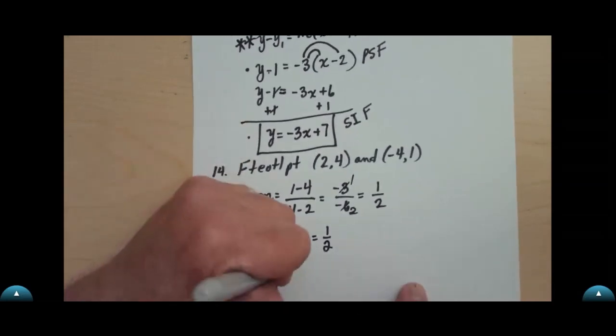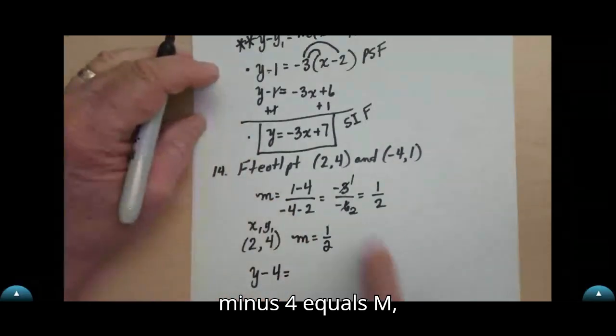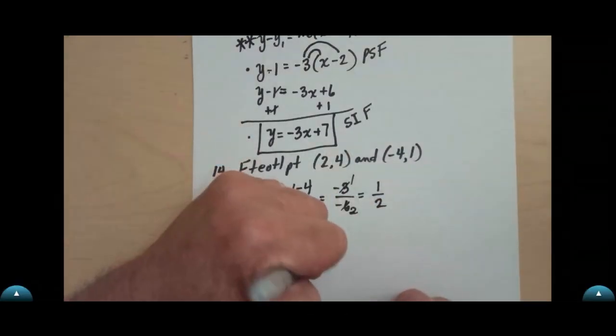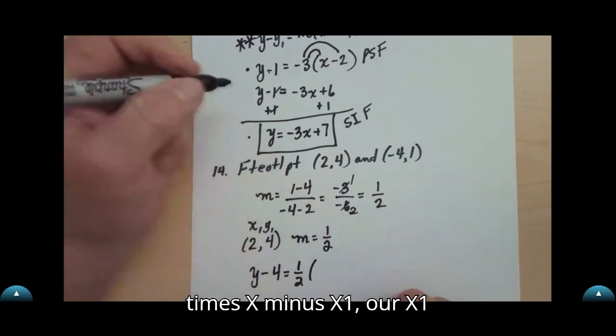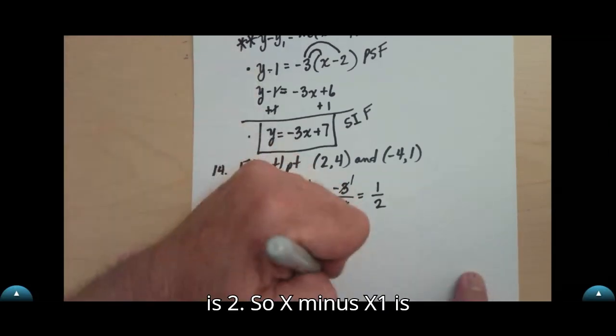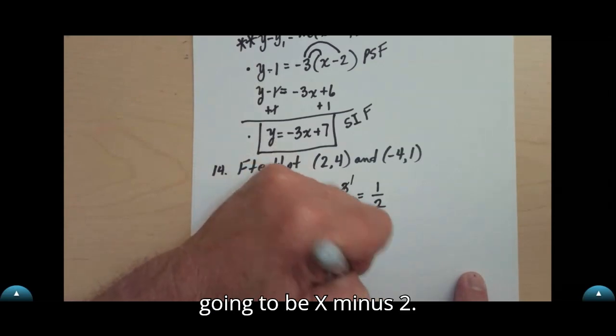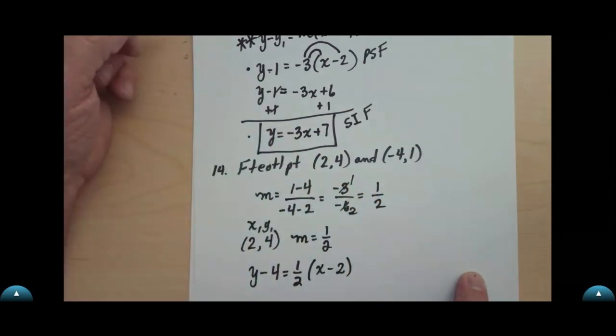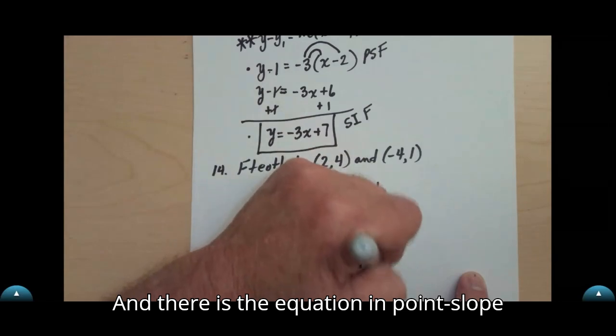So that's going to be y minus 4 equals m, which is 1/2, times x minus x1. Our x1 is 2. So x minus x1 is going to be x minus 2. And there is the equation in point-slope form.